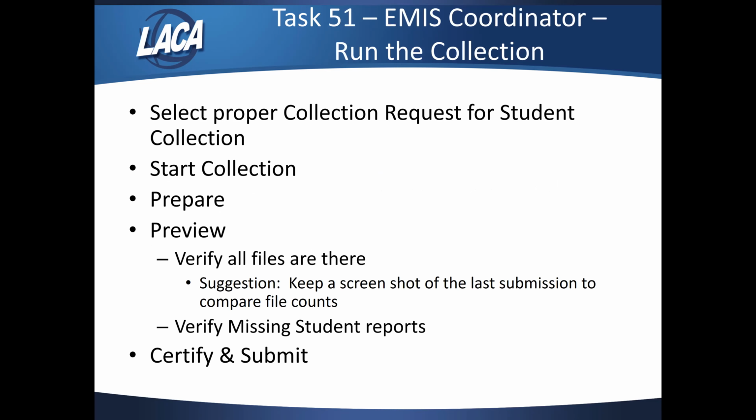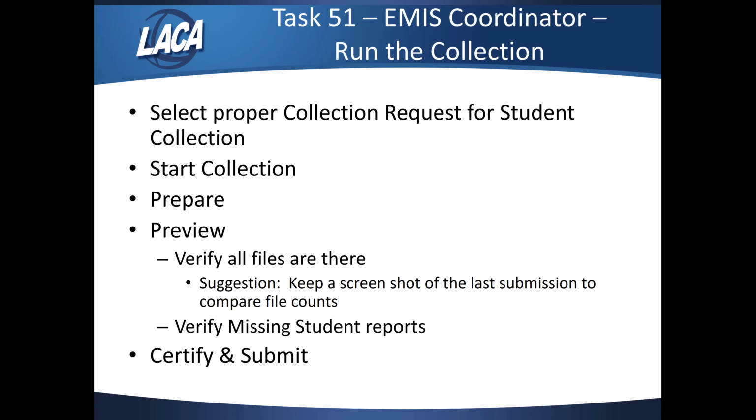And you know how to do the data collector, the collect and the prepare. Preview. Verify all your files are there. If you have less than, or more than, I think it's a 5% variance from the last time that you submitted on a specific record type, you will have a red X beside that record type.